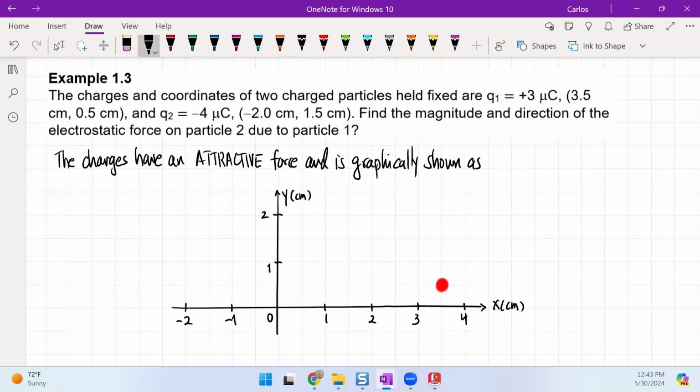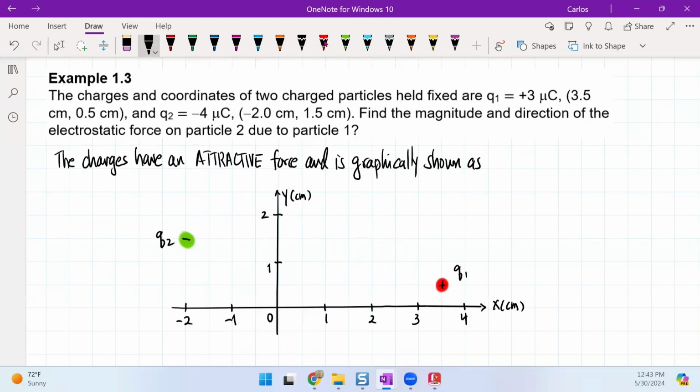So this is going to be charge 1, which is Q1. Then I'm going to have charge 2, which is at -2, 1.5, so it's going to be right here. And this is a negative charge, which we call Q2.